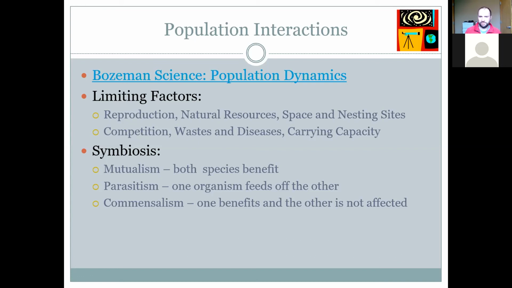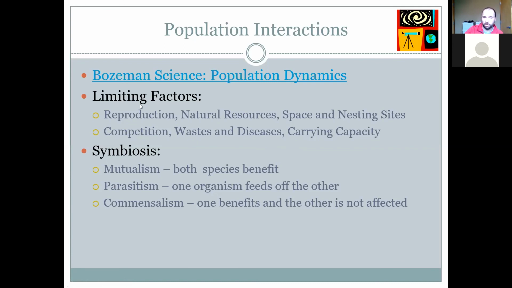Because there's more resources. Space and nesting sites, again, that's pretty self-explanatory. If there's more space for animals, there's more. Competition, okay?